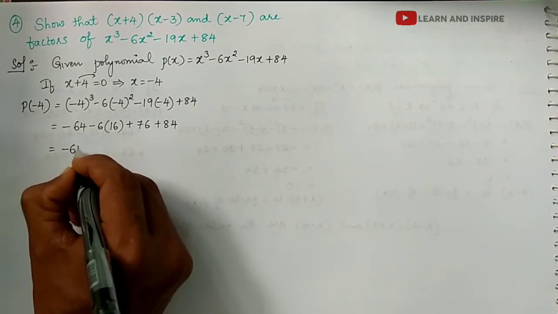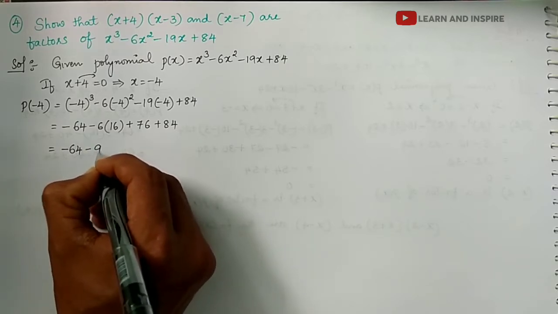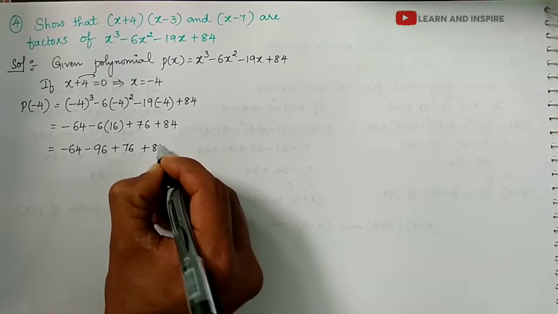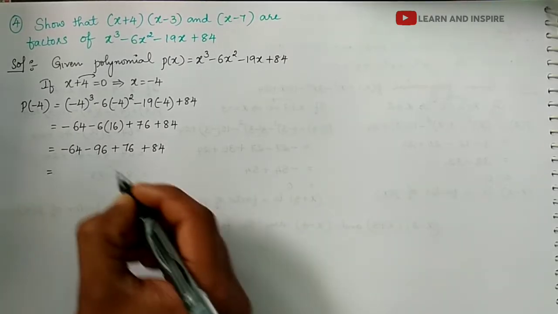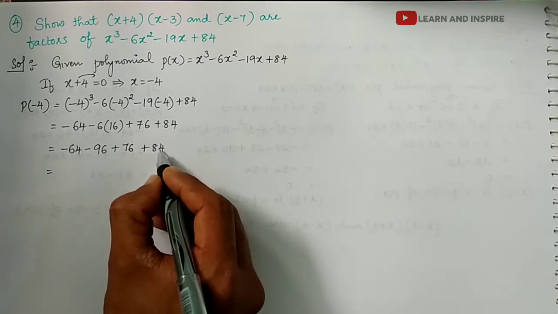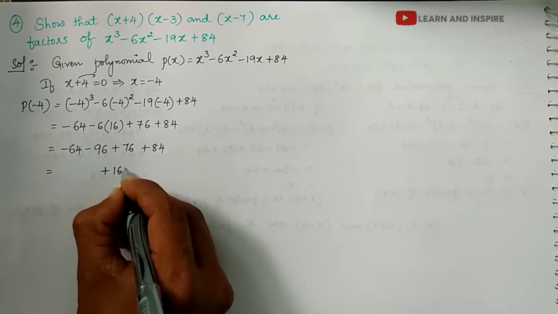So minus 64 right as it is. Minus 16 6s are 96, plus 76 plus 84. So first I add positive values, that is plus 76 and 84, so we get 160. So I take this as plus 160.